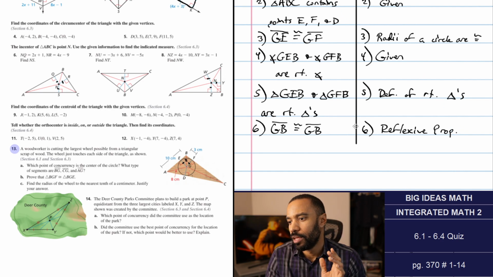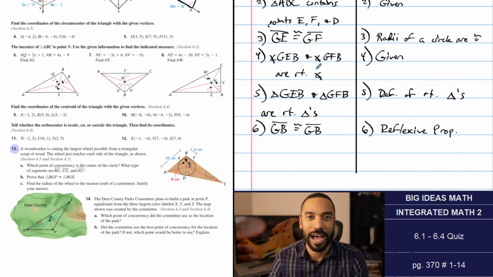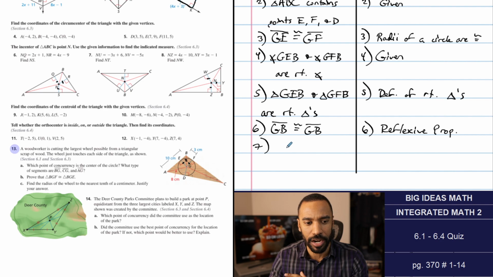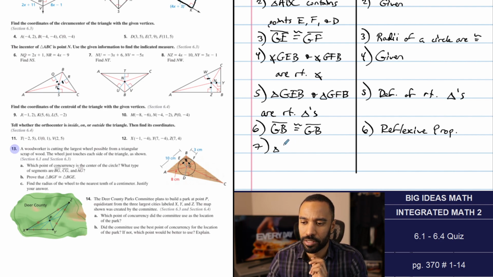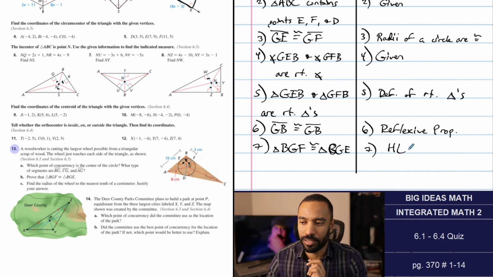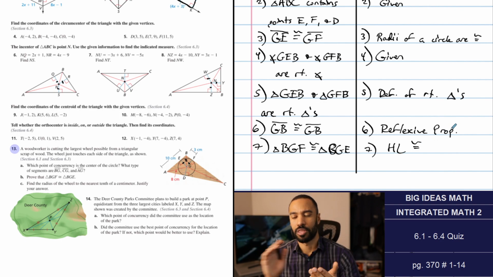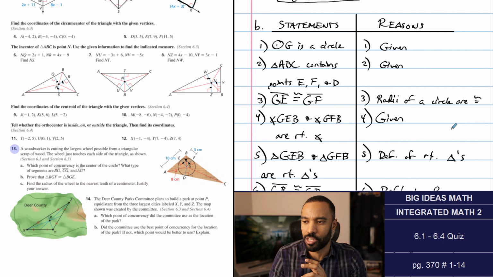I have two sets of legs in a right triangle congruent, and the hypotenuse is congruent in the right triangle. Therefore, triangle BGF is congruent. This is my proving statement. It's triangle BGE using the HL congruence theorem. The hypotenuses are congruent, and its pair of legs are congruent in these right triangles.